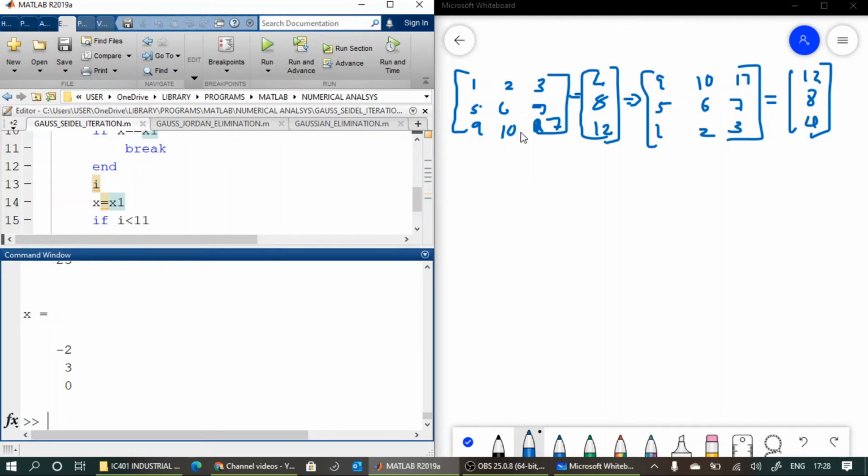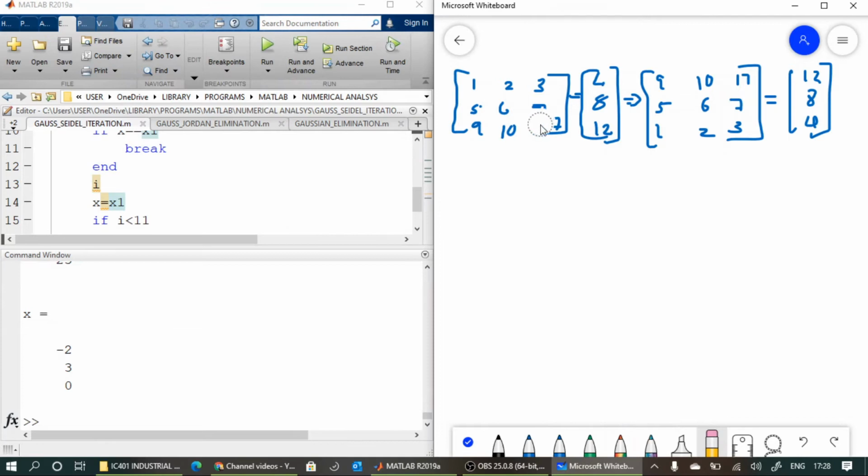What if, instead of 70, you use 2? After swapping, this one is 2, 9, 10, 2.